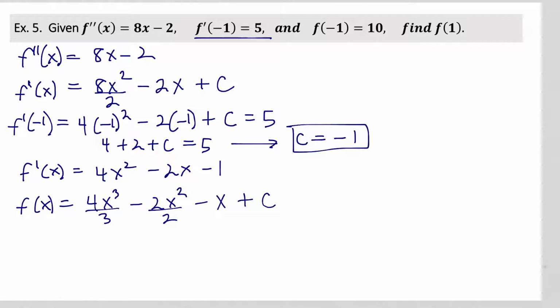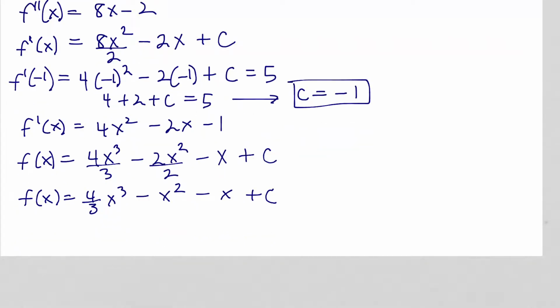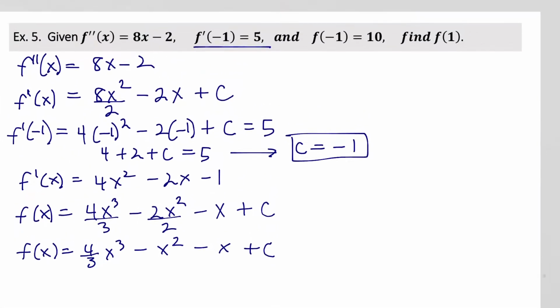So f of x is equal to 4/3 x cubed minus x squared minus x plus c. Now I need to use my initial condition for f of x, which was f of negative 1 is equal to 10.